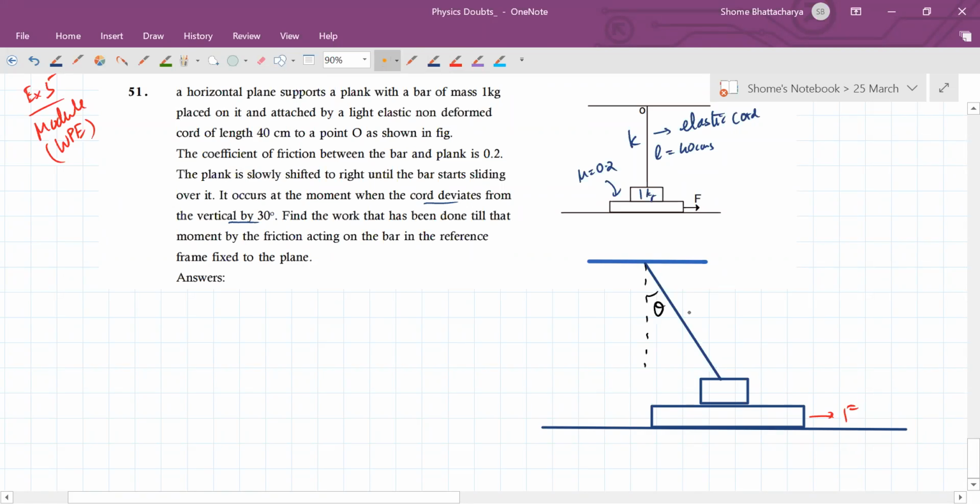So when this angle is theta, this has become some L plus x. As you can see, L upon L plus x is equal to cos theta. Now there will be a tension of kx acting.